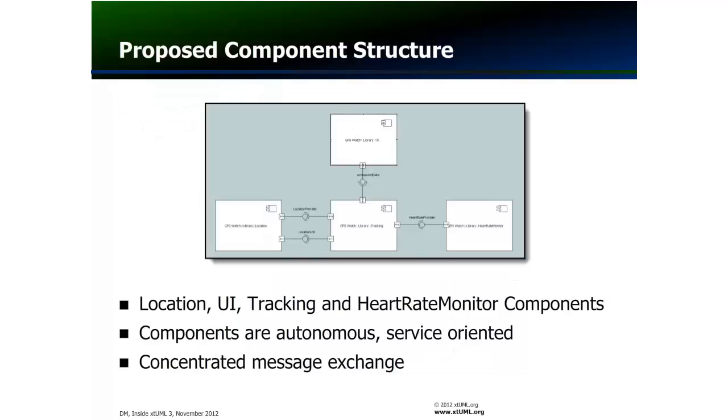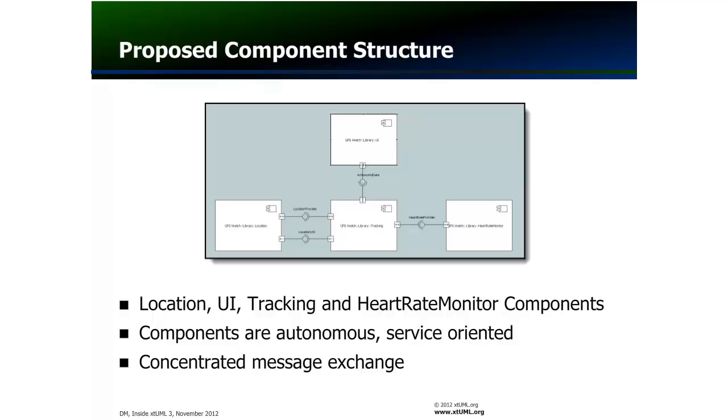For the analysis of the runner's watch, a structural diagram consisting of a location component, a user interface component, a heart rate monitor, and a tracking component is one possible solution. With this structure, each component is autonomous with a consistent collection of services.